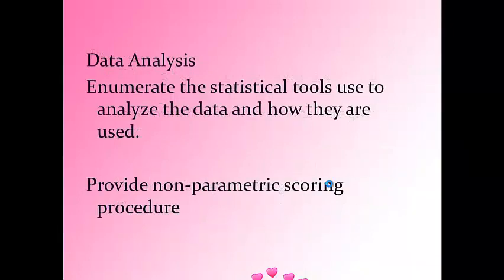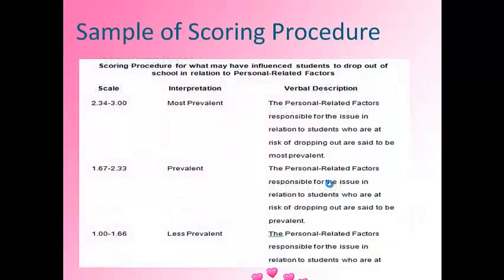In data analysis, enumerate the statistical tools used to analyze the data and how they are used. And under this, we have to provide a non-parametric scoring procedure. Example of this scoring procedure will be the scale and of course the interpretation and the verbal description of the scale.